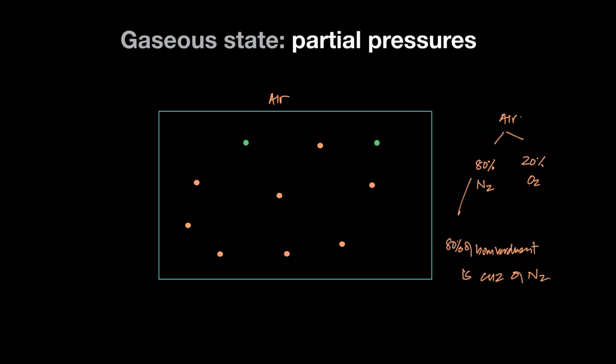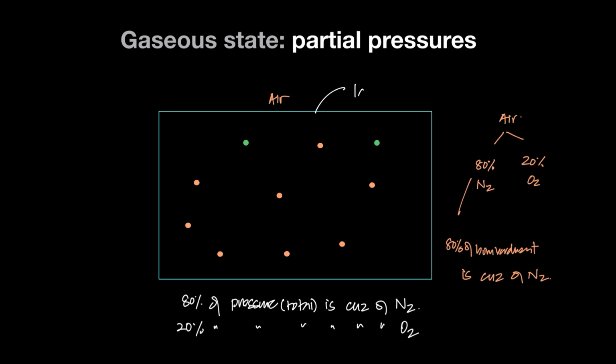What does that mean? Why am I doing this? What that means is that 80% of the total pressure that the gas or the air generates is because of nitrogen, and 20% of the total pressure is because of oxygen. And if we assume that this room is at 1 atmosphere, what we are really saying is that the 1 atmosphere is the pressure of the room you guys are in, because the molecules of the air are bombarding on the walls.